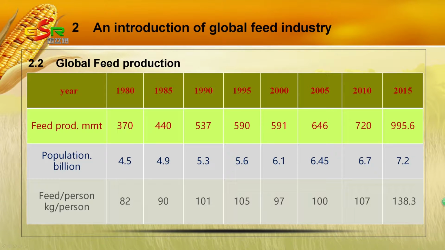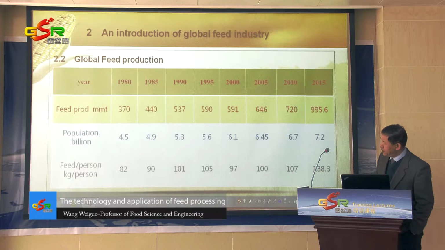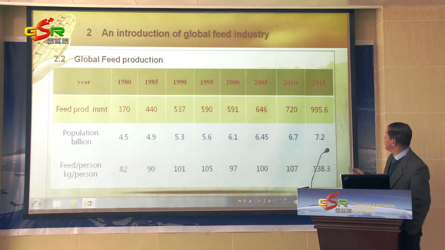And also, we can see the feed per person per year, in kilograms. In 1980s, for one person, he has only 82 kilograms for the whole year.